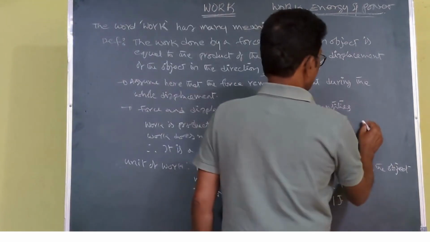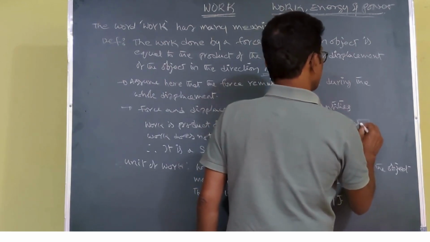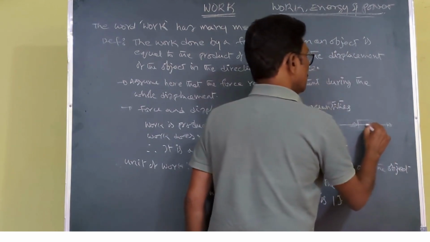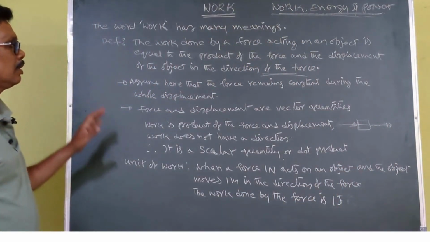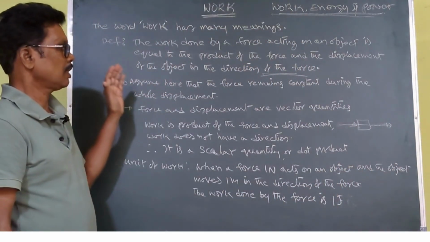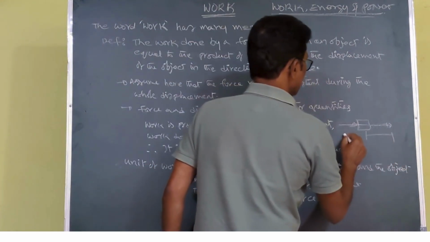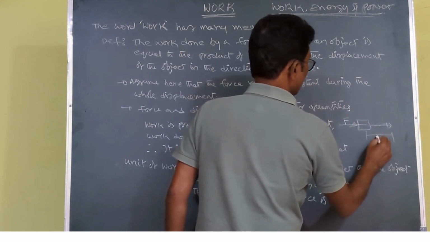Suppose the object is here. Suppose you apply force in this direction. This object is displacing in this direction only. Then that is the product of force and displacement. Let us say from here to here is the displacement, some distance.